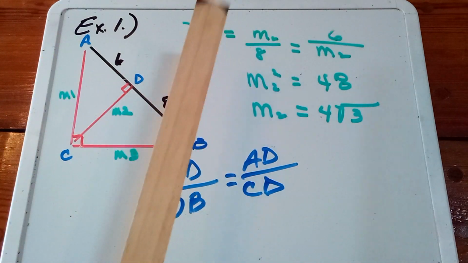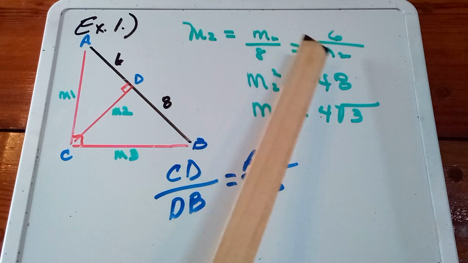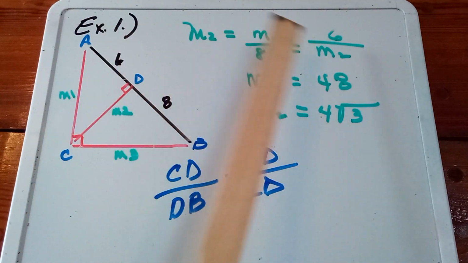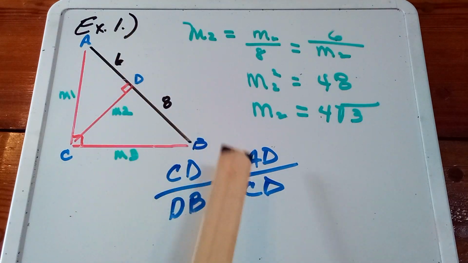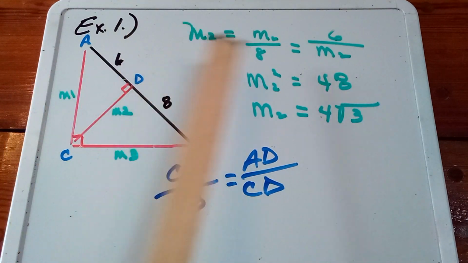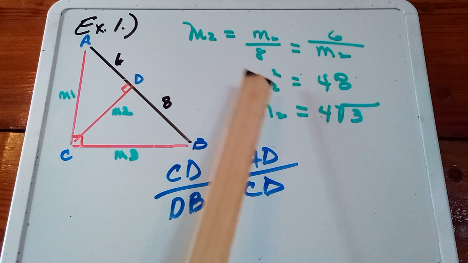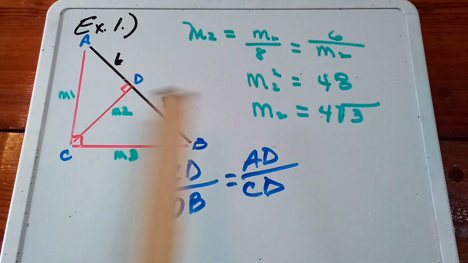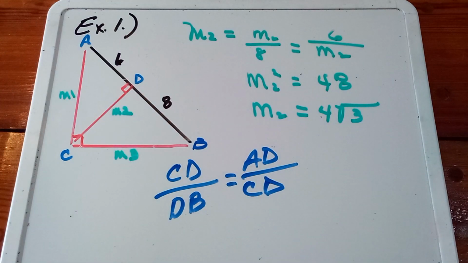So here's my setup, M2, M2, M2. For this leg here, 8 and 6 are the two values for AD and DB. Cross multiply, M2 becomes squared, equals 48. M2, or this leg right here, is equal to 4 times the square root of 3.